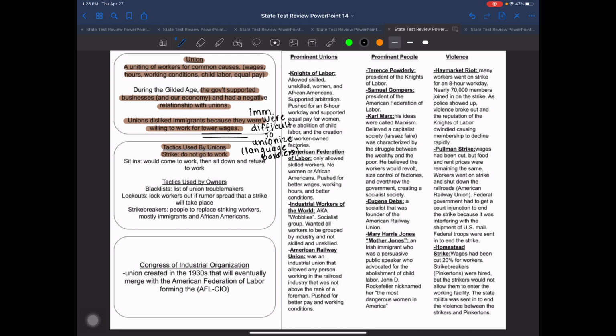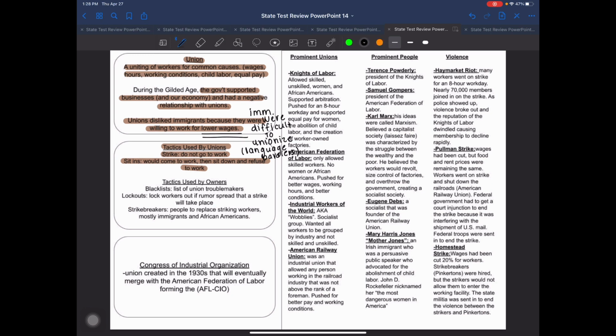And so jumping down into the tactics again, we already know what going on strike is. Sometimes, when unions would try to bring attention to the fact that they needed better hours and better wages, they would do another form of protest called a sit-in, where they would come to work as if they were going to do the job, and then they would sit down and refuse to work.